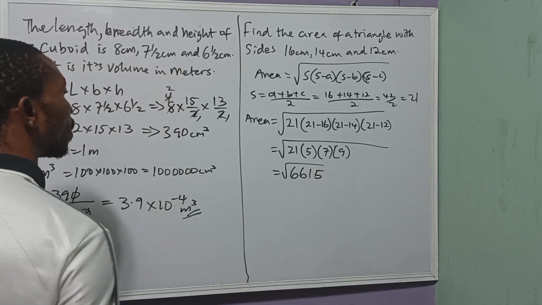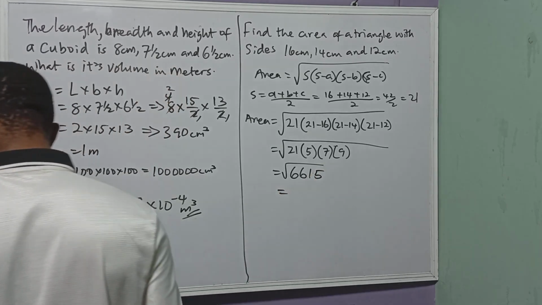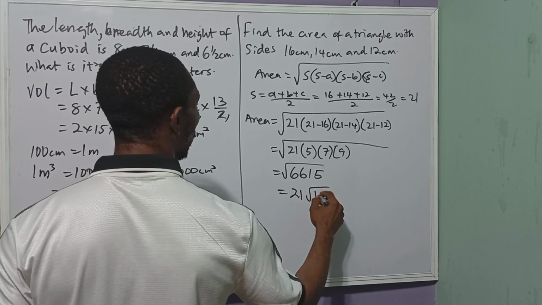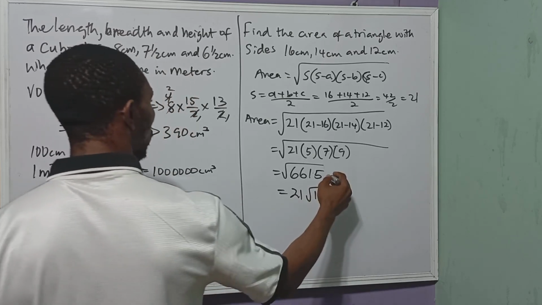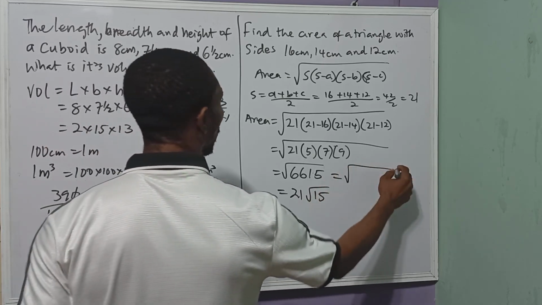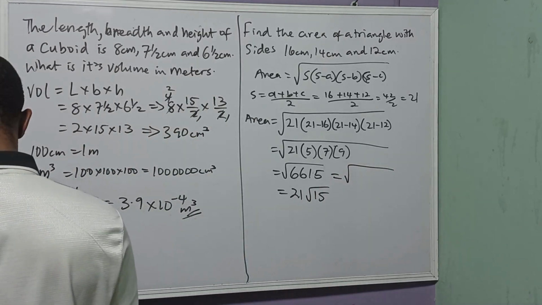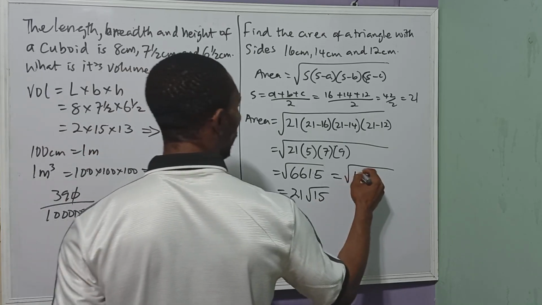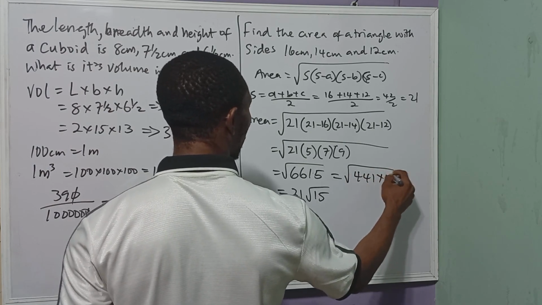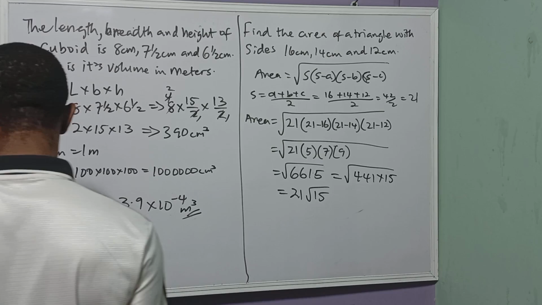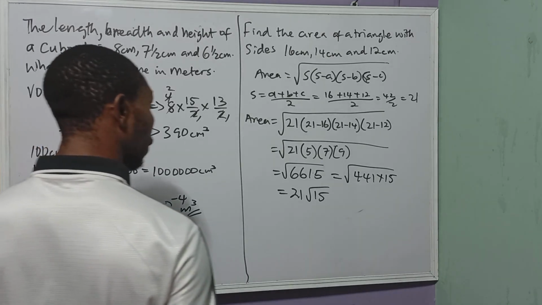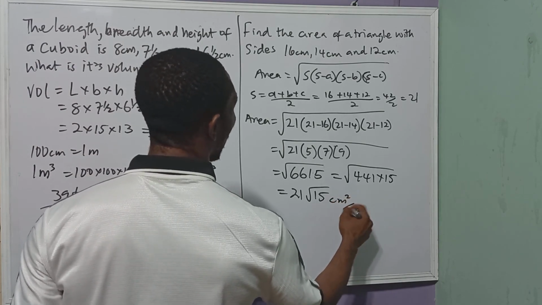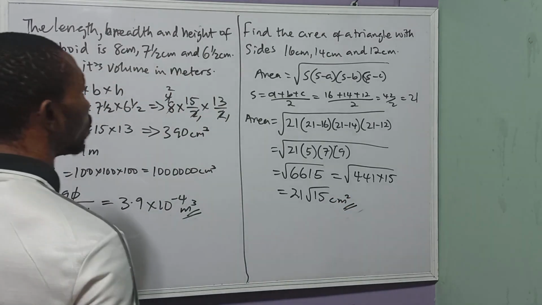If we do the root of this, we'll be having it as 21 root 15, which is root 441 times 15. That's how we arrived at 21 root 15. So this will be our area of the triangle in short form.